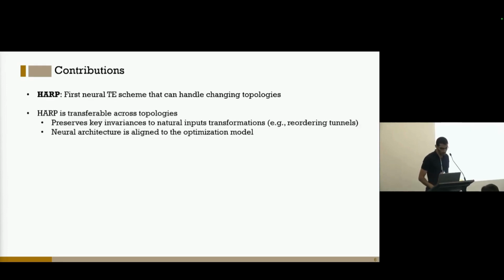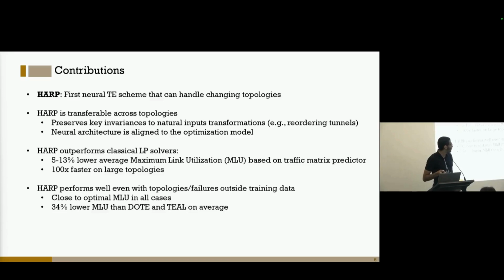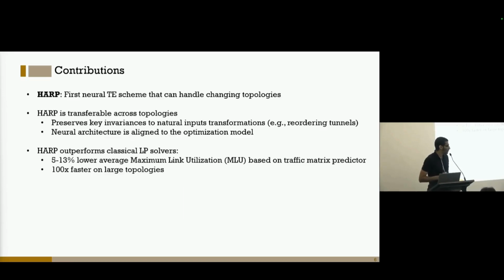HARP is by design transferable, where it ensures key invariances to natural input transformations like reordering or relabeling of tunnels. Also, HARP's neural architecture is aligned to the optimization model. In terms of performance, HARP outperforms classical LP solvers. Depending on the traffic matrix predictor, HARP generates 5 to 13% lower average maximum link utilization.